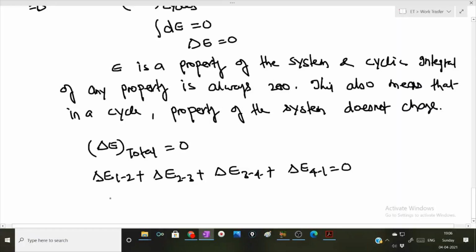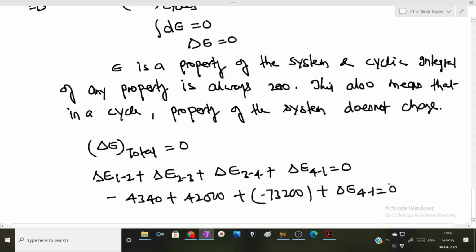Delta E1 to 2 from the table is minus 4340. Delta E23 we have calculated as 42,000. Delta E34 is minus 73,200 plus delta E41 is equal to 0.